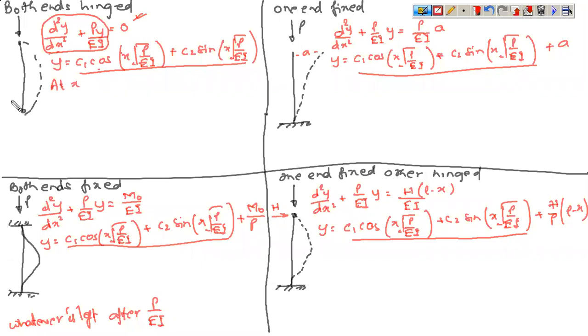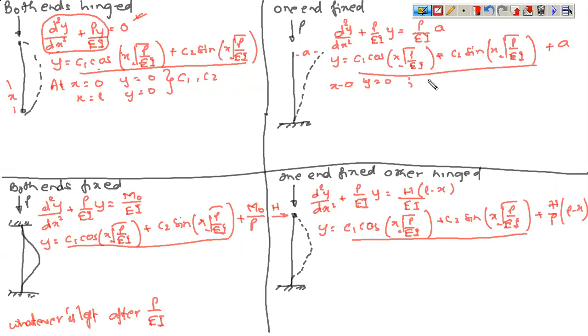Okay. Now, if you look at the boundary conditions here, this is x. At x is equal to 0, y is 0. At x is equal to L, y is 0. So from here you can find out C1, C2, and finally get the solution. If you look at this, at x is equal to 0, you have y is equal to 0.